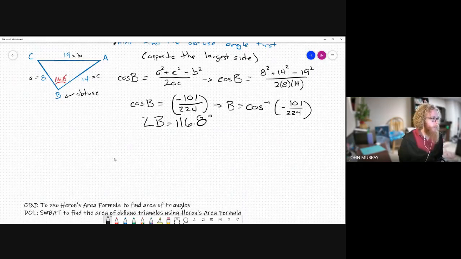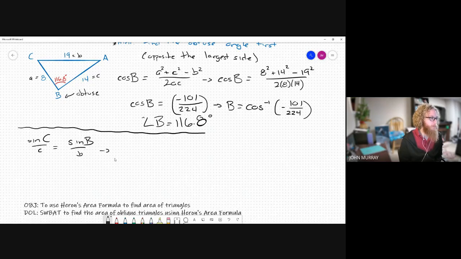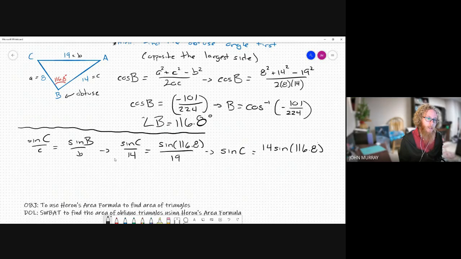All right, so I can set up sine of C over c equals sine of B over b. So I get sine of C is equal to 14 times the sine of 116.8 degrees all over 19.